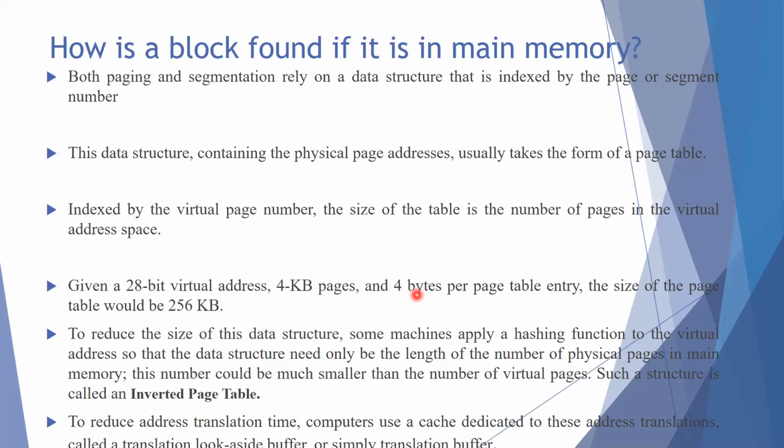Per every entry, since the page table is also a data structure, it requires some extra information, like the used bit, reference bit, dirty bit. So that is 4 bytes per page table entry and a total of 256 kilobytes just for a 28-bit virtual address. Nowadays, in the current scenario, virtual addresses are quite large in size since we have a big secondary memory, right?